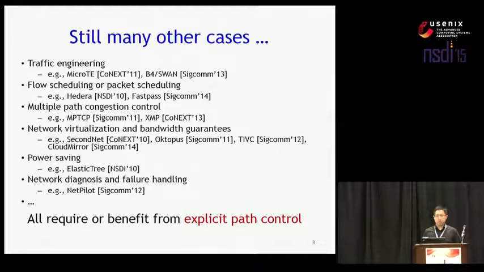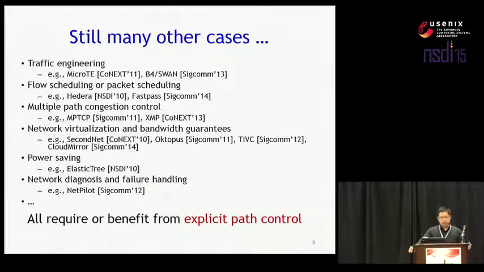Flow scheduling or packet scheduling, like Hedera for flow scheduling and FastPass for packet scheduling. And even multipath congestion control, network virtualization with bandwidth guarantees, power saving, network diagnosis and failure handling, and so on and so forth. All these applications or services directly require explicit path control or directly benefit from it.